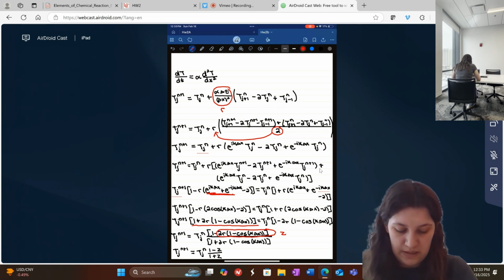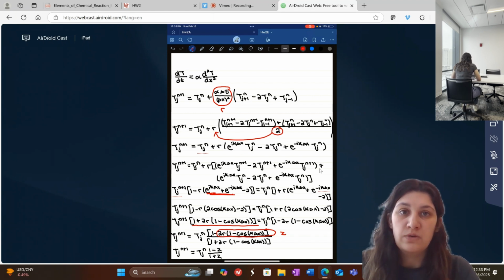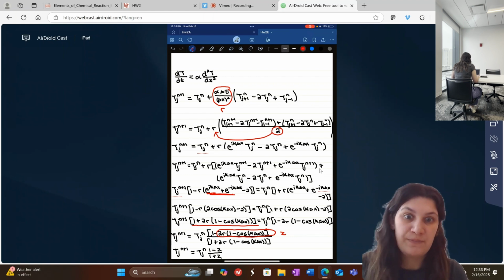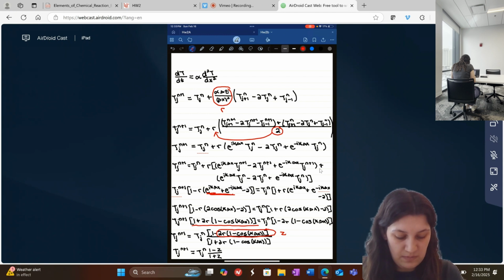Now if we look a little farther into this z term, we know that the largest value that cosine can be is 1, which would give us 1 minus 1 equals 0. So the smallest value that z could be is 0. So z is always greater than or equal to 0.